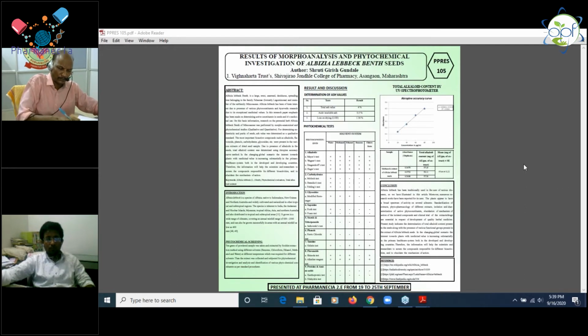We also performed an atropine calibration curve for determining the total alkaloid content in the seeds by using a UV spectrophotometer. We also conducted FTIR and NMR, but due to space constraints, I was not able to upload everything.